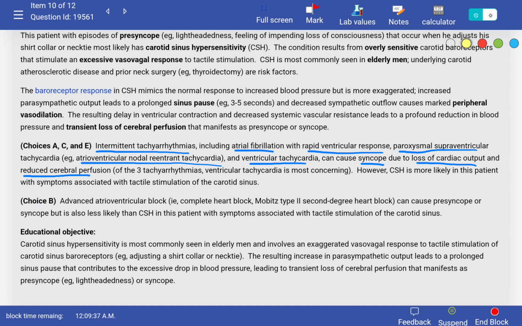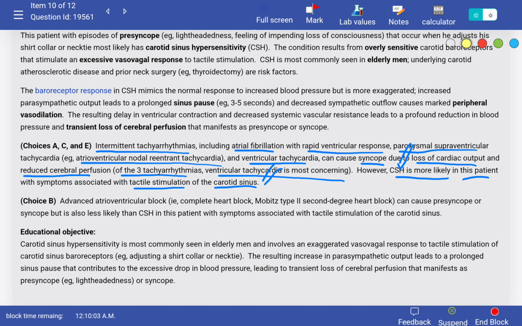Of the three tachyarrhythmias, ventricular tachycardia is most concerning. However, CSH, that is, carotid sinus hypersensitivity, is more likely in this patient with symptoms associated with tactile stimulation of the carotid sinus, like in case of necktie, right?